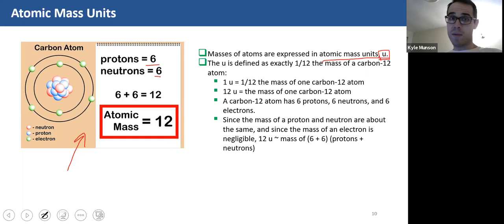Since, like we saw in another video, the masses of protons and neutrons are about the same, and the mass of an electron is basically nothing, 12 U is the mass of 6 protons plus 6 neutrons. So that's an atomic mass unit by definition.